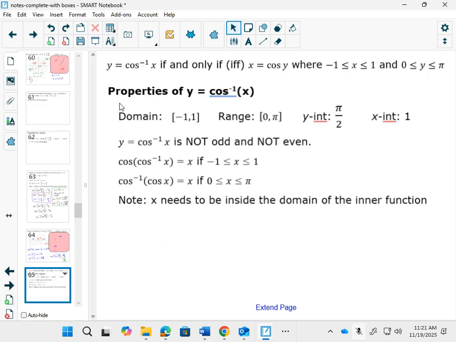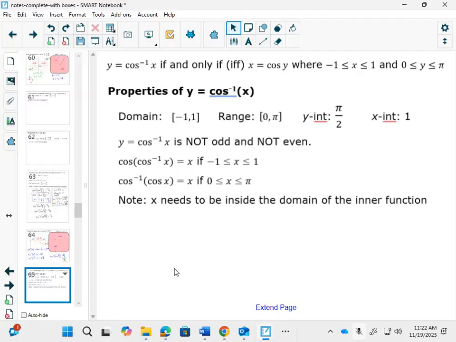So here are our properties. Domain goes from -1 to 1, range from 0 to pi. We got a y-intercept and an x-intercept. It's neither even nor odd because you can't reflect it over to match up either way. You can only do cos of cos inverse of x if x is between -1 and 1.